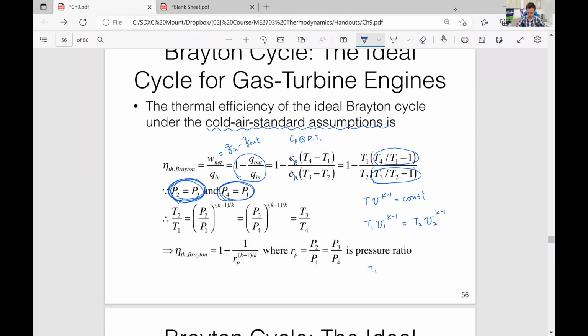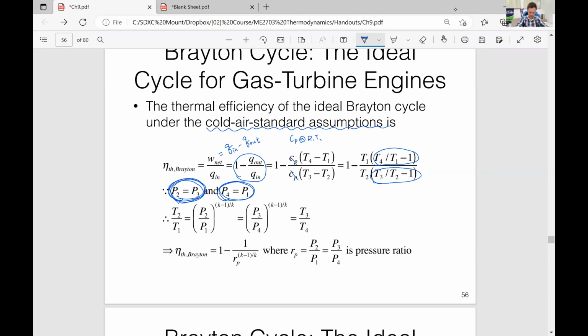So T1 over T2 is V2 over V1 to... well, no, we are not using TV, because now what we actually know is the pressure. So we should use TP.